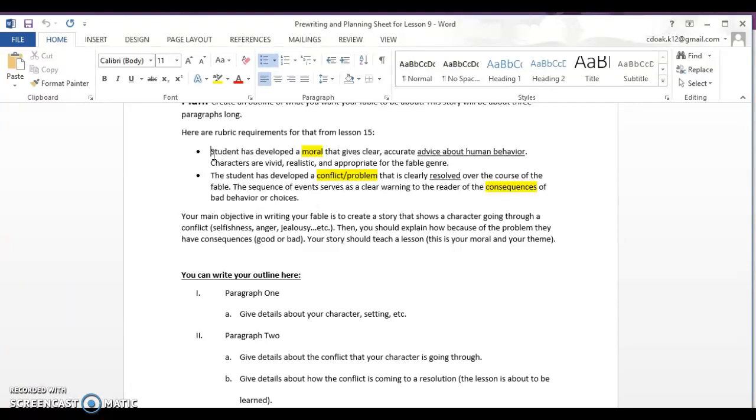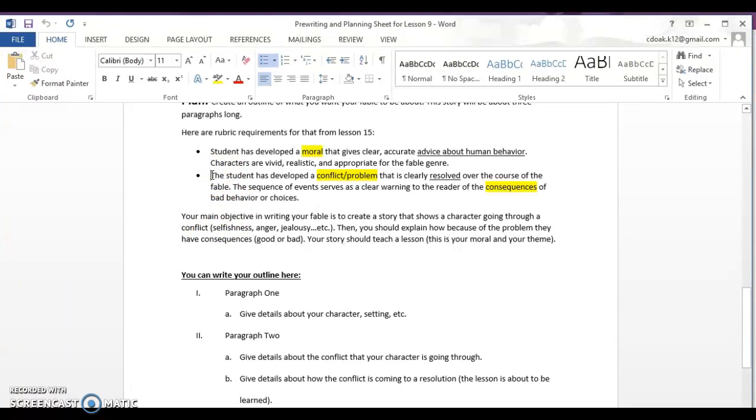That means you're teaching a lesson. You're teaching a moral, okay? And you want to give people advice about how humans should behave, all right? You want to have characters in your story that are realistic and we can understand them, like their personality, okay? Because they're probably about to go through something and teach us all a lesson. So we want to understand your character.